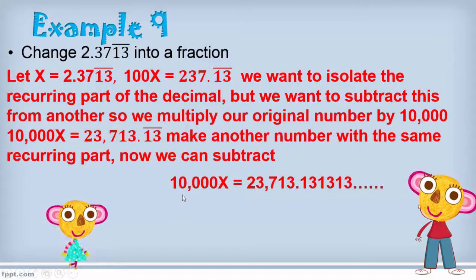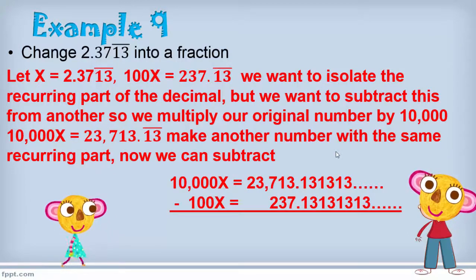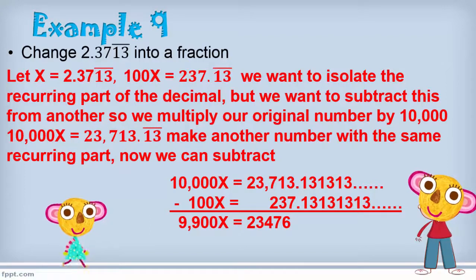So we have 10,000x is equal to 23,713.131313, minus 100x is equal to 237.131313, and we end up with 9,900x is equal to 23,476.